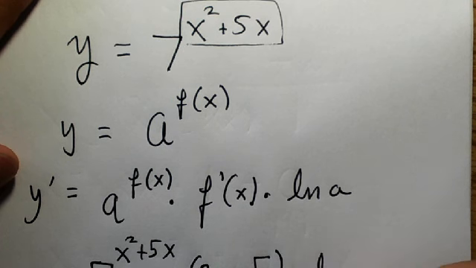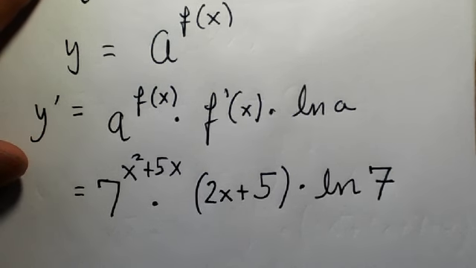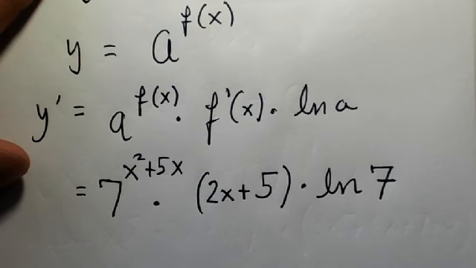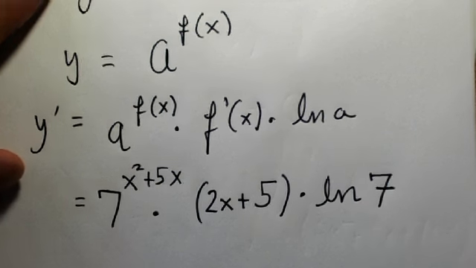Times the ln of 7. Does that make sense?